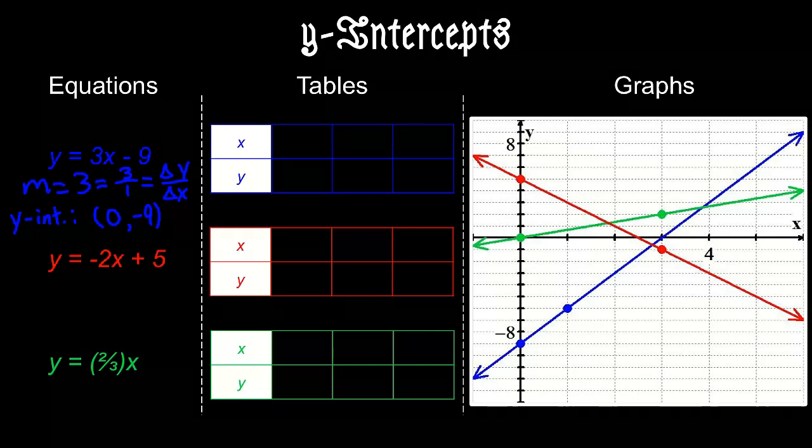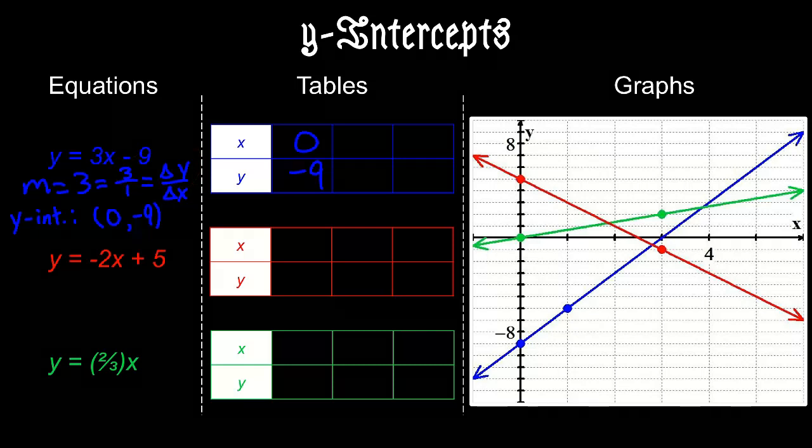So in the table, we know that the point (0, negative 9) must show up. The other thing we can see is that as our x value increases by 1, our y value increases by 3.